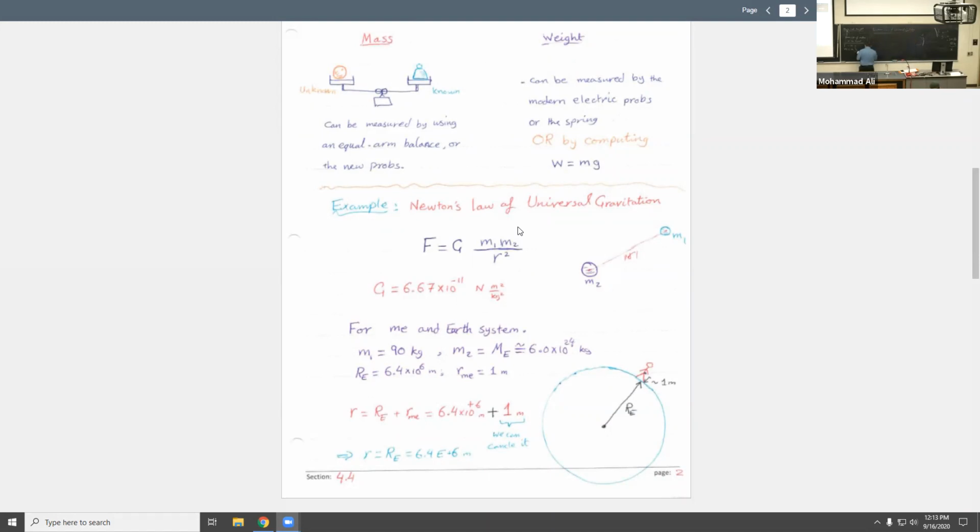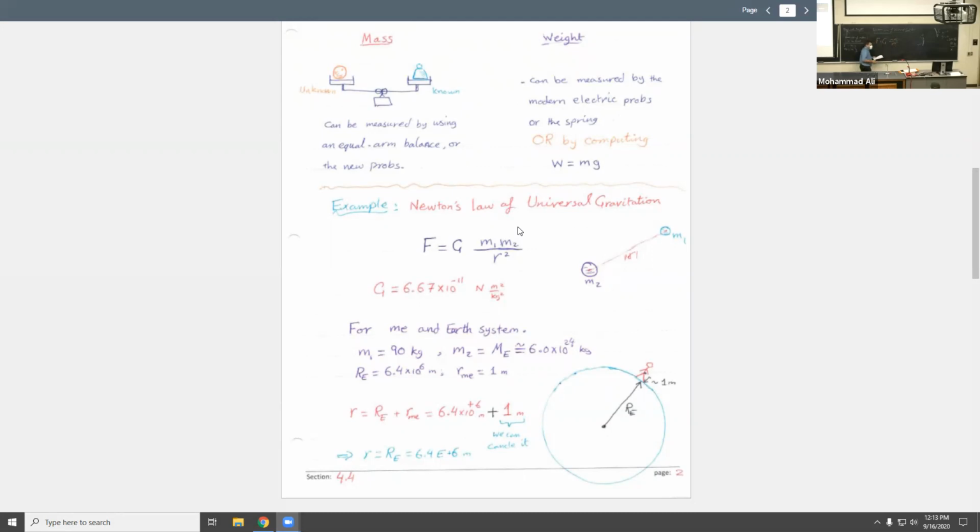Okay. This is one of the most important laws in physics. F due to gravity is equal to a universal constant, which is G, multiplied by a mass and another mass, M1 and M2, over R squared.